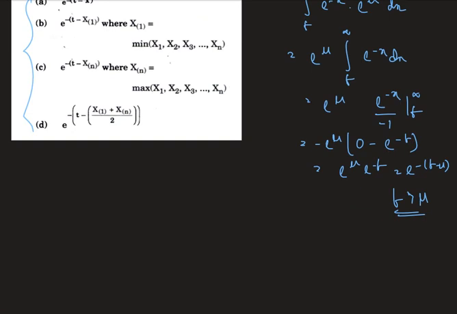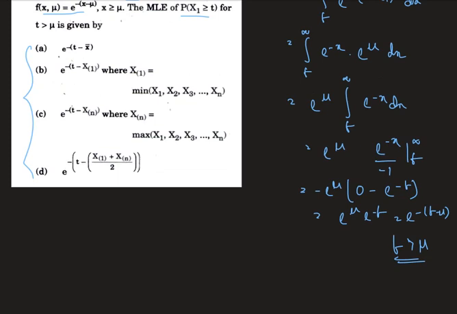To find that, we need to write the likelihood function defined by L(x), which is e^(-sum over (xi - mu)), where the xi's are greater than or equal to mu.